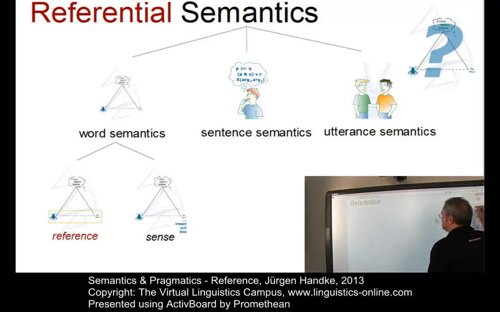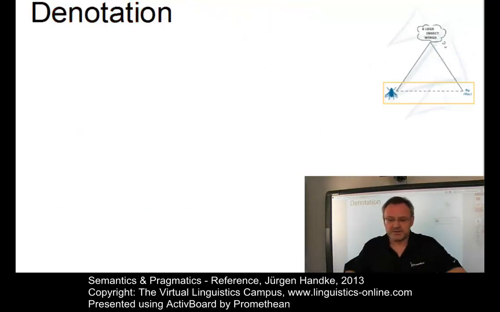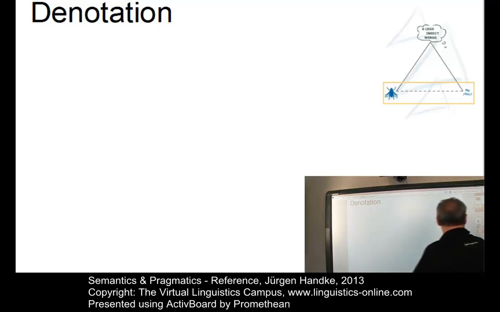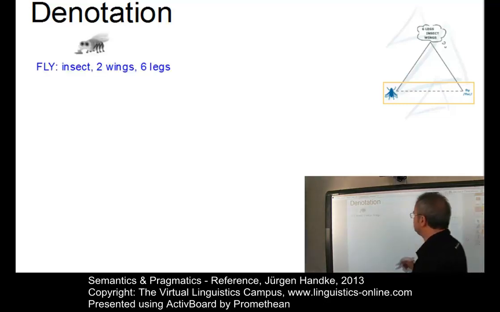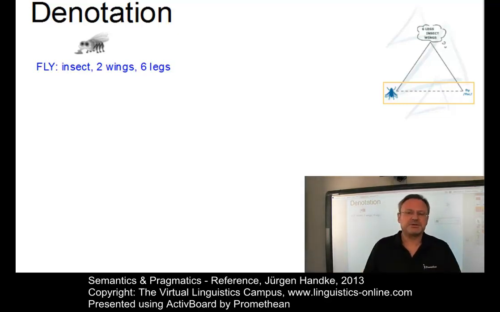That there is clearly such a definable relationship between words and objects is undisputed. We use words to refer to objects, for example to the object fly, which is defined as an animate physical object, an insect with 6 legs and 2 wings.